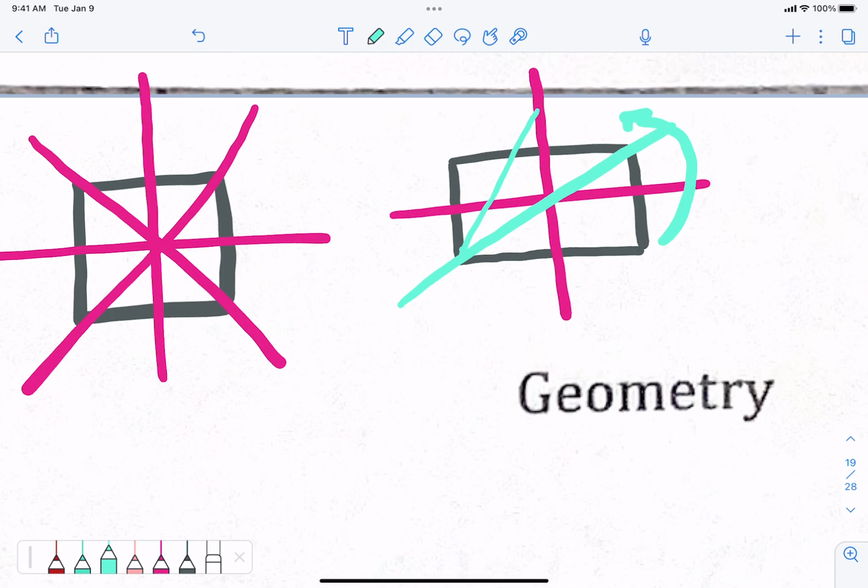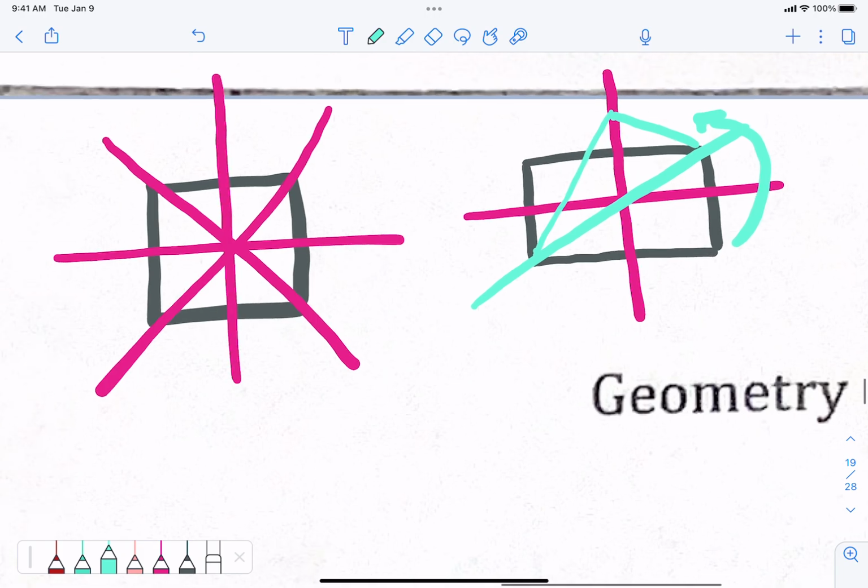He's not going to fold on top of itself. If you don't believe me, here's my rectangle, a piece of paper. I'm going to fold them diagonally. Do they match? The tips don't match each other, right? So he's going to end up not being the same. So a rectangle will only have 2 lines of symmetry. A perfect square will have 4 of them. Okay, that is line symmetry.